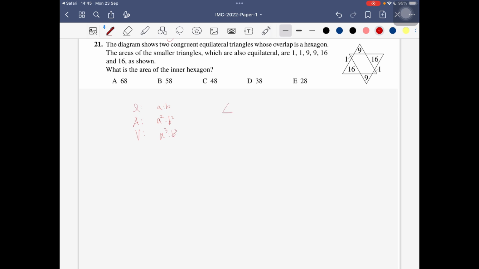So, for example, if we have two cubes, with side length A and side length B, the length ratio is A to B. But for area, this is A squared, B squared, and we have 6 of them, so this is A squared to B squared. And volume is A times A times A, so this is A cubed to B cubed.